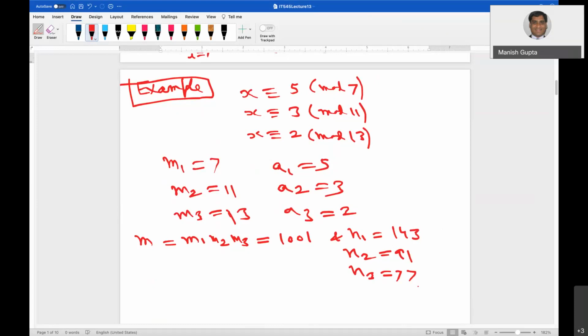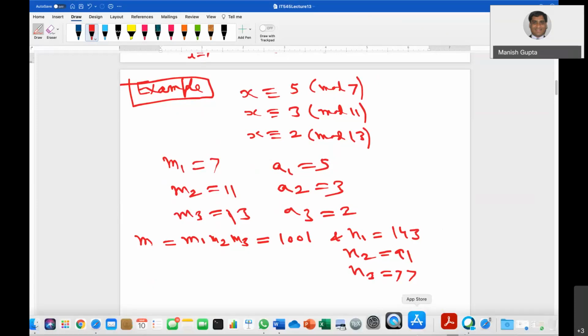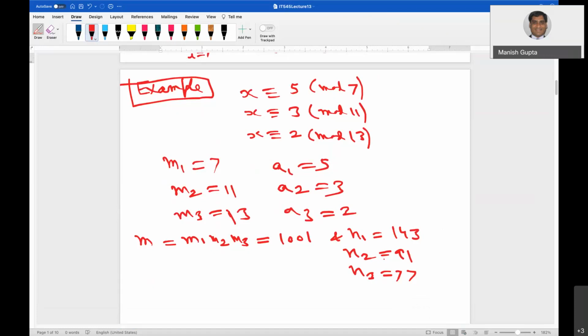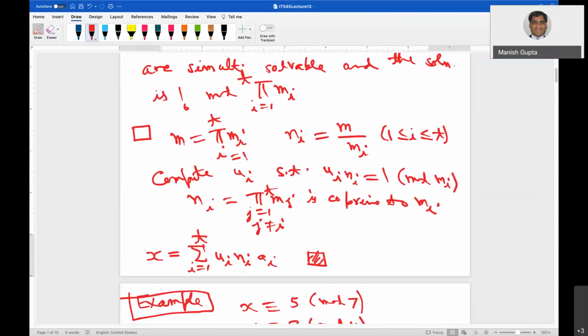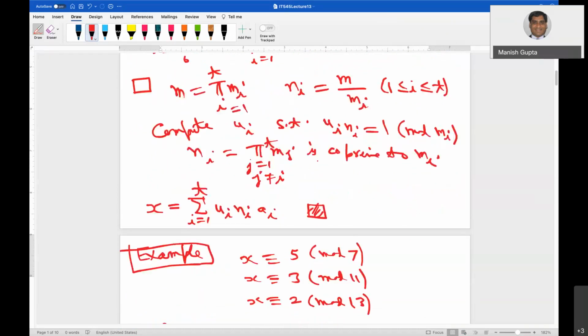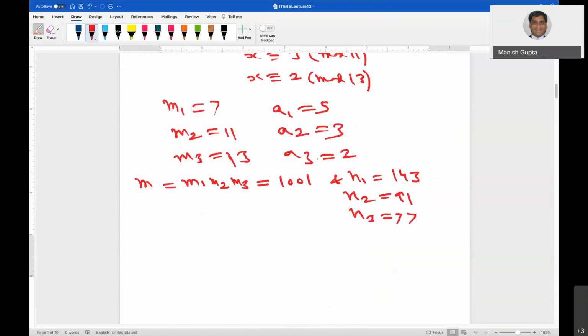Yes, any progress? So now what we need to do? n1, n2, n3 are known, small m is known. If you look at the construction here, I need to compute the ui's. For each ni, I have to find the inverse of it modulo mi. So I have to find u1, u2, u3.